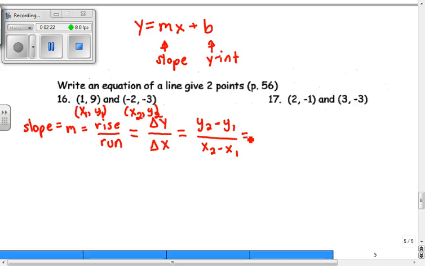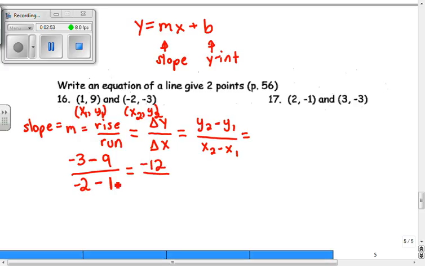Okay, so let's plug it in. So we have y2 is negative 3, minus, because that's just part of the equation, we want change in, y1, which is 9, over x2, which is negative 2, minus x1, which is positive 1. So negative 3 minus 9 is negative 12.